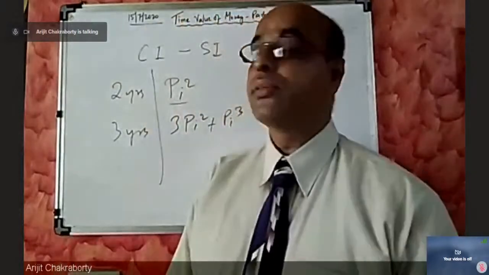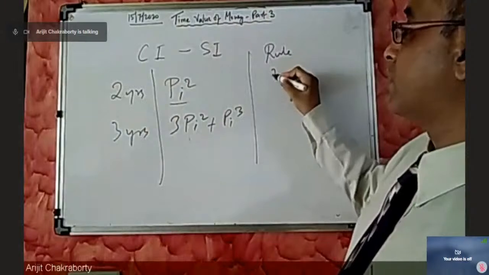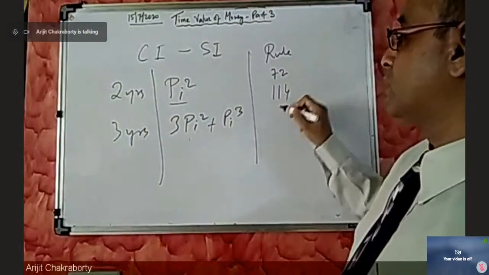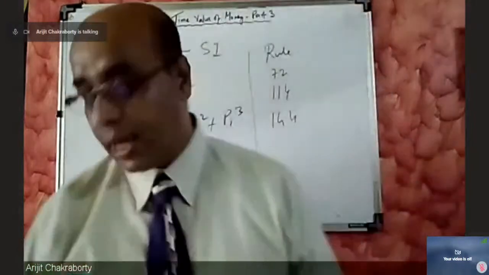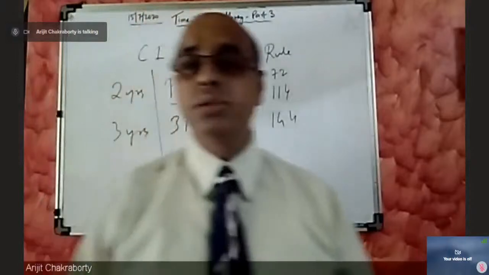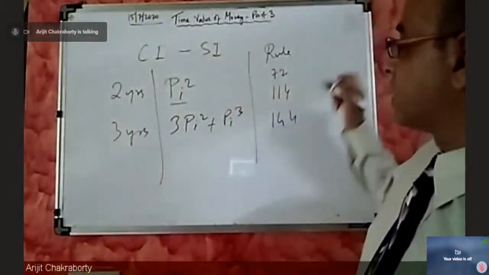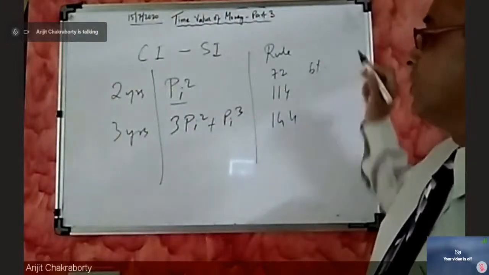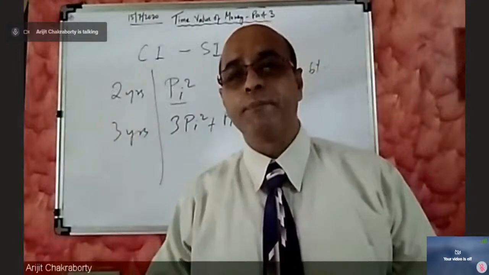Next we did the rule of 72, 114 and 144. You remember that I said this is based on compounding. Now if the interest rate is, say, 6%, in how many years will my money become double through compounding?